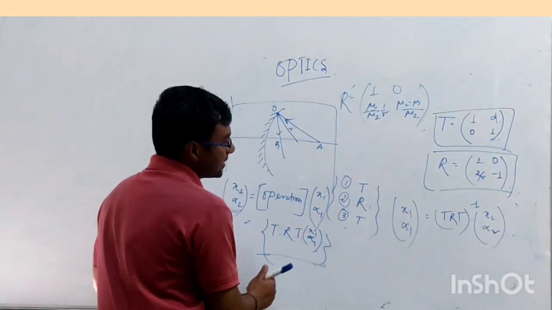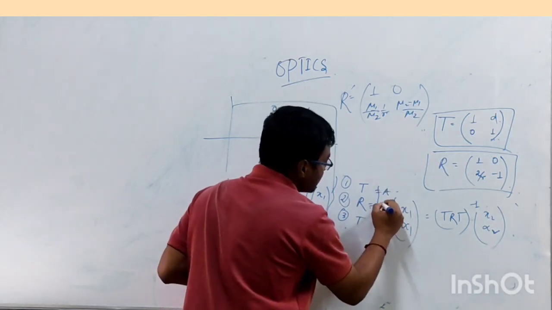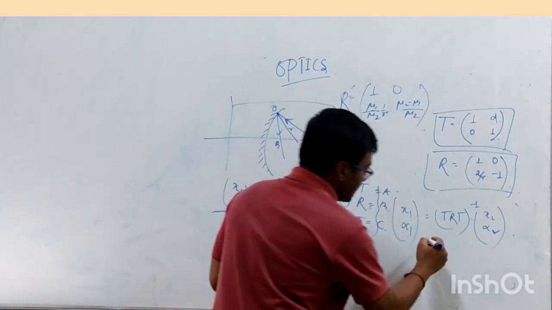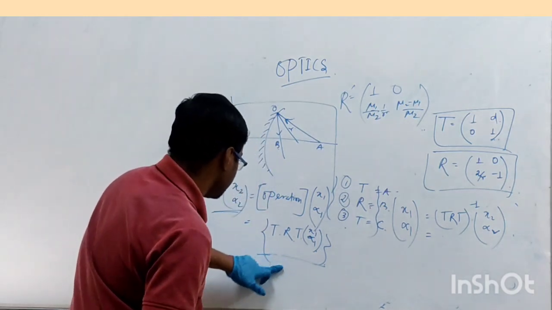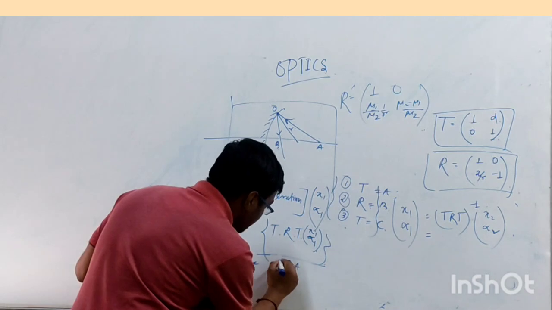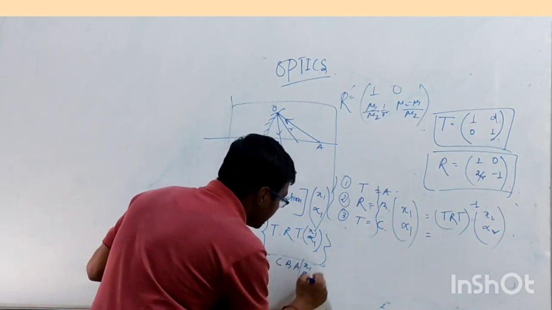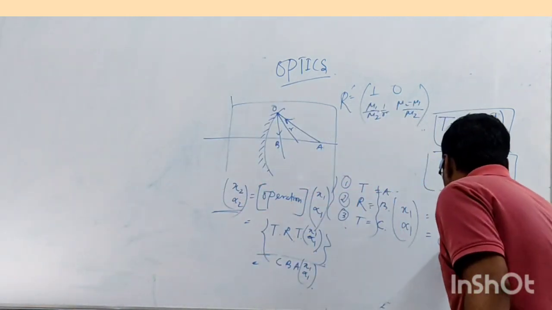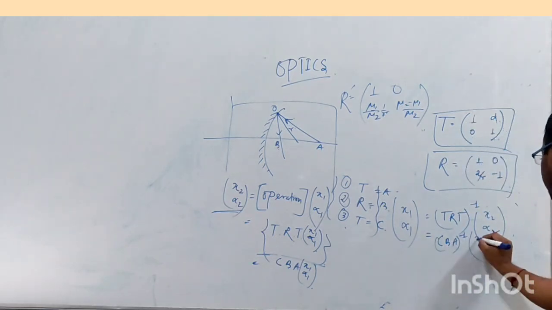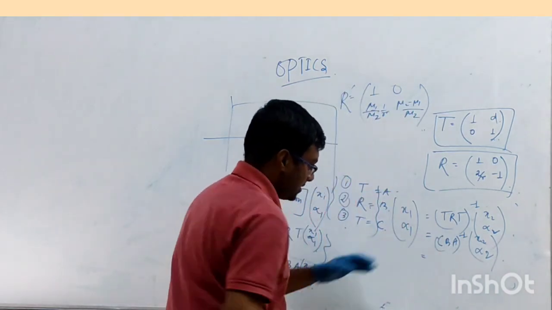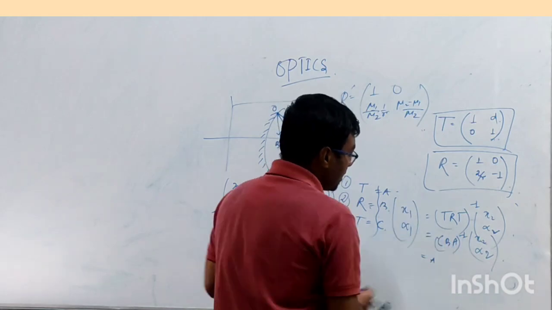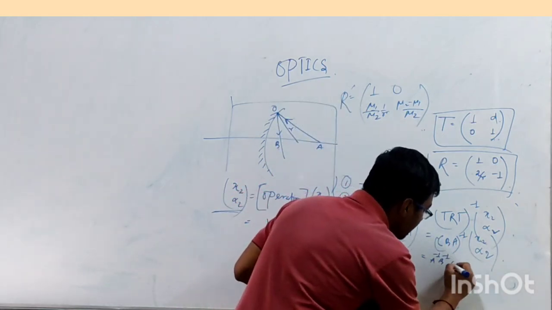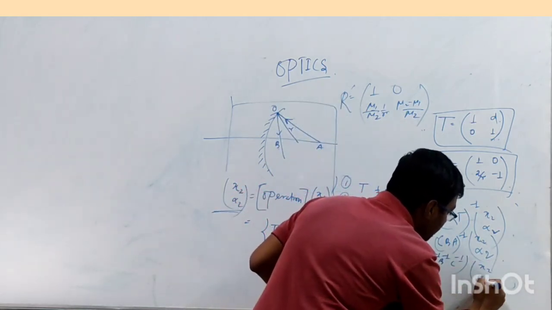So if we consider that T is matrix A, R is matrix B, T is matrix C, then x2 alpha 2 will be equal to A, B, C into x1 alpha 1. So here x1 alpha 1 will be the inverse of ABC, that is C inverse, B inverse, A inverse into x2 alpha 2.